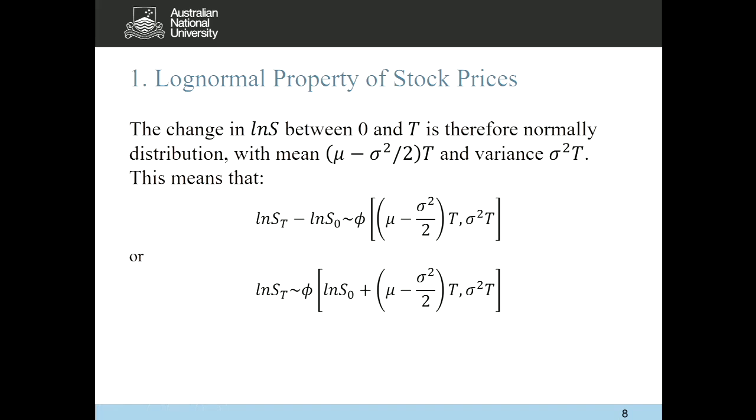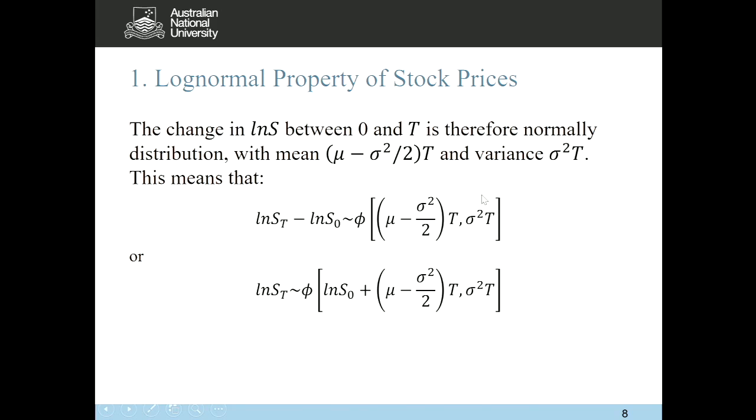More formally, the change in the log of the share price between time 0 and time t is normally distributed with mean of mu minus sigma squared over 2 times t. Because now we have the t in the subscript, this mean is scaled by the time t. And it has a variance term of sigma squared times t.